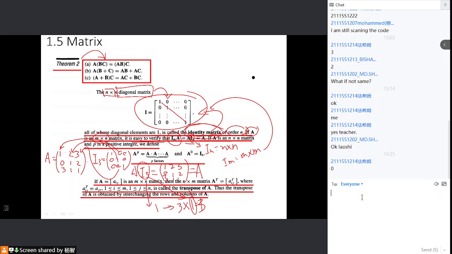But you must pay attention to the shape of this identity matrix. The shape must satisfy the shape of A or B, because if two matrices can multiply, the number of columns of the first matrix must equal the number of rows of the second.